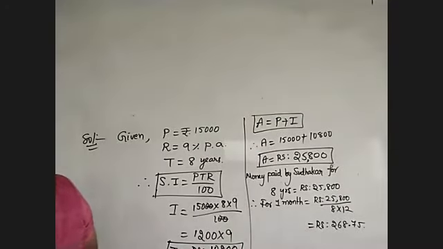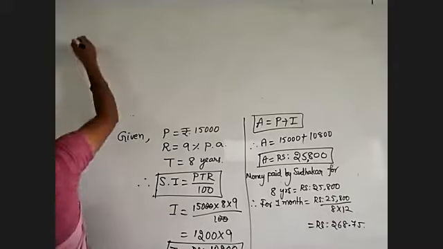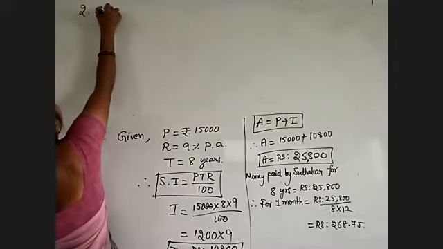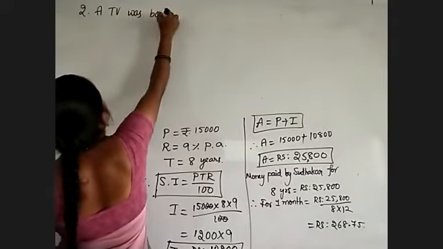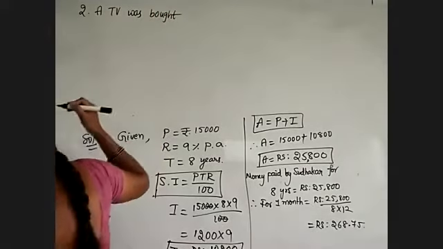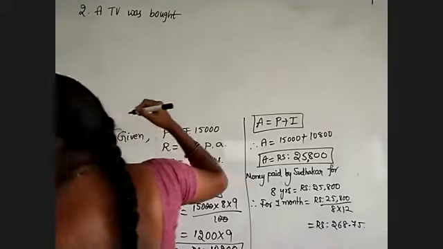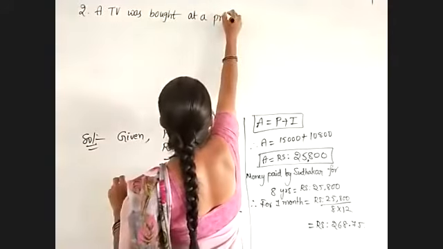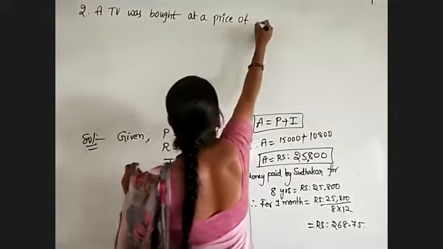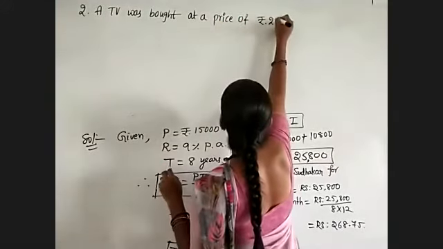Now coming to the second problem. A TV was bought at a price of 21,000 rupees.